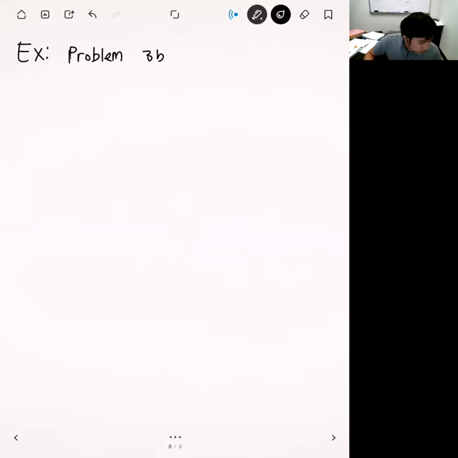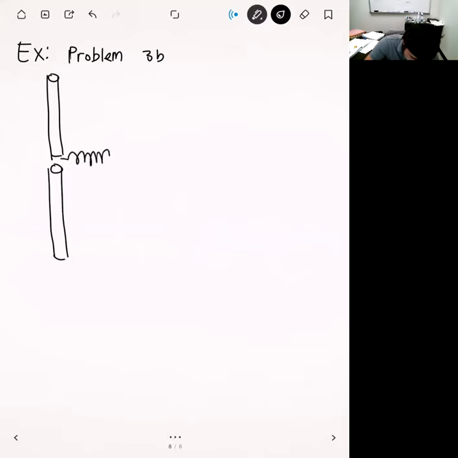All right. In this problem we have 3 truss elements and a spring. We have one element that looks like this, another element that looks like this. These are truss elements. We have a spring element like so, and we have another truss element like that.